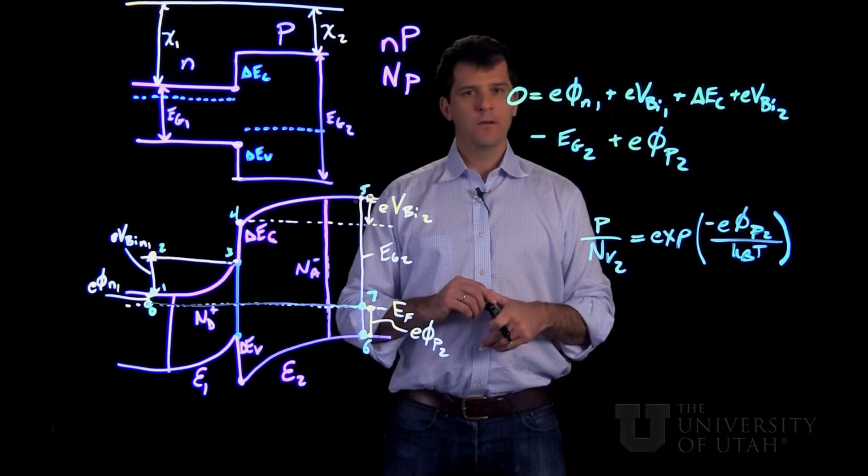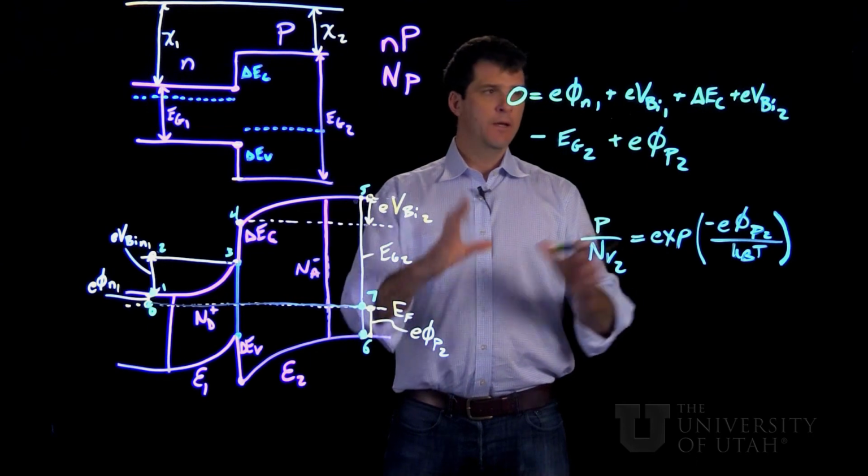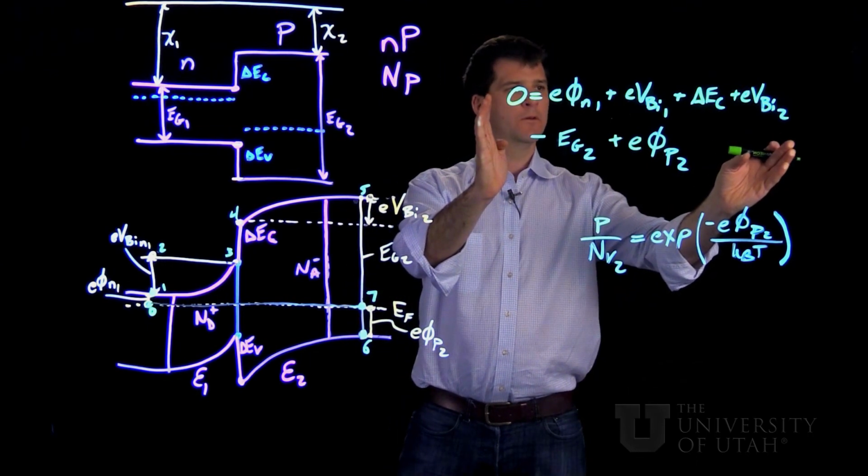So in this way, we can go around loops through any heterojunction and create a master equation which we can use to figure out different components.